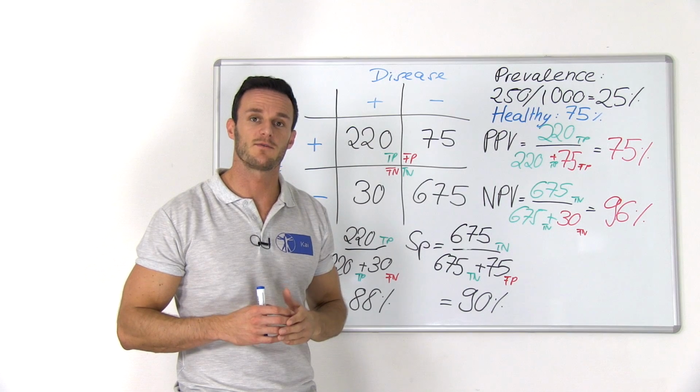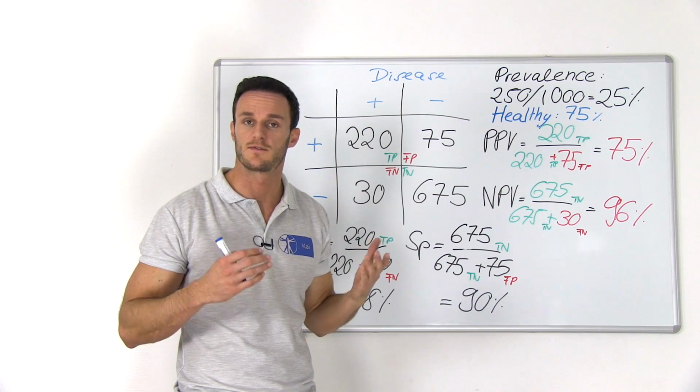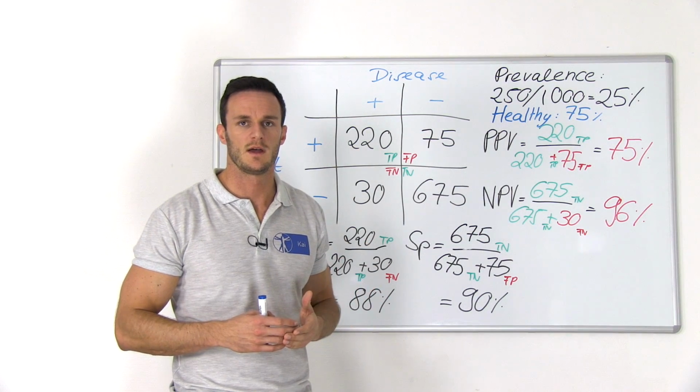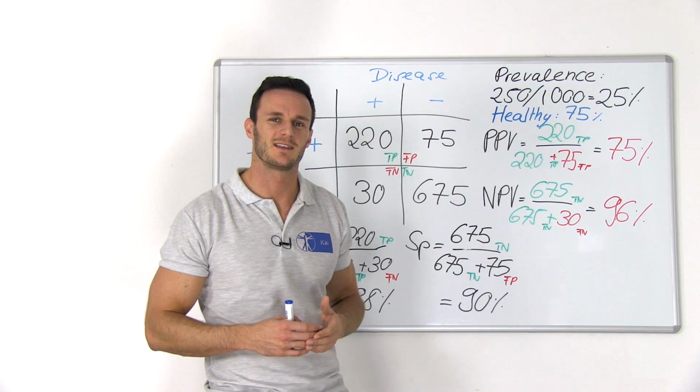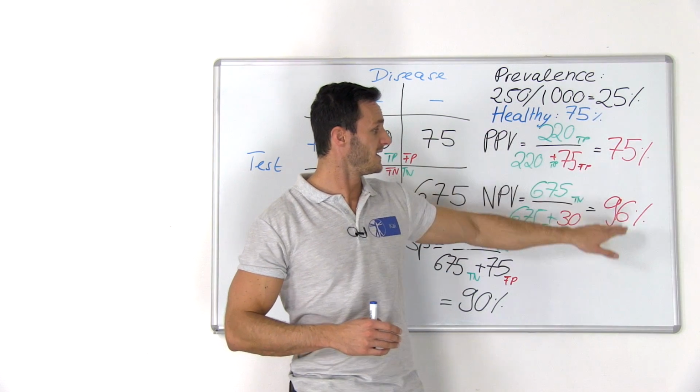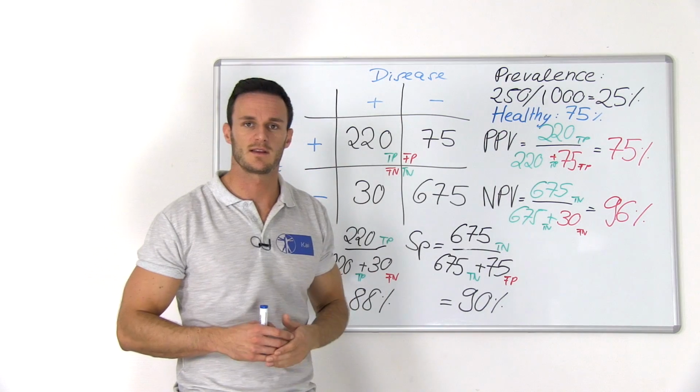On the other hand, if we had 25% of sick people, we also had 75% of healthy people. So the chances that a patient does not have the disease increased from those 75% to actually 96% with a negative test outcome.